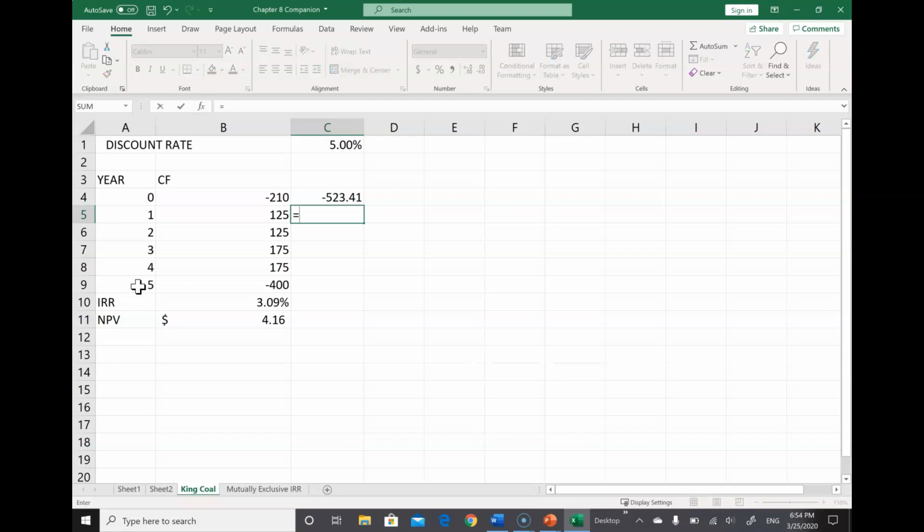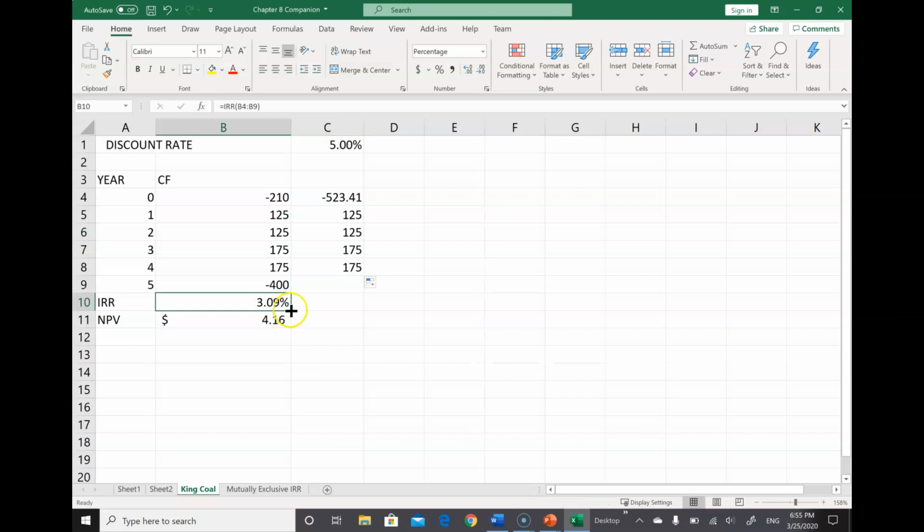Then all the other cash inflows are the same as the original project, right? Then when we actually calculate the internal rate of return of this project, you will see that the internal rate of return of this project is actually 5.32%.